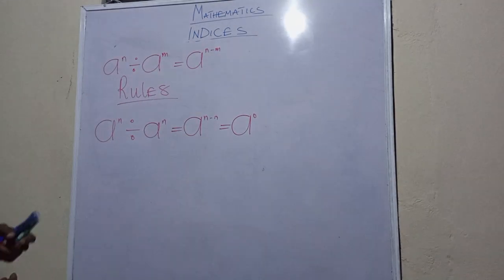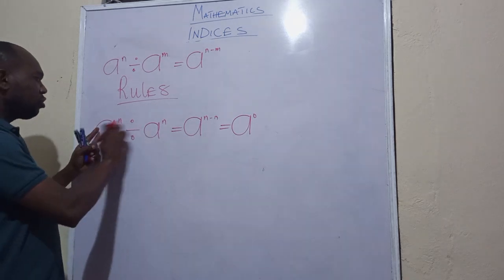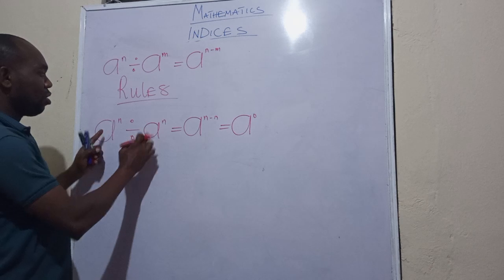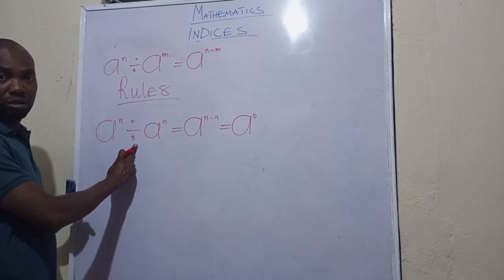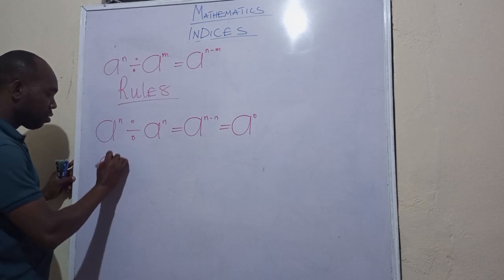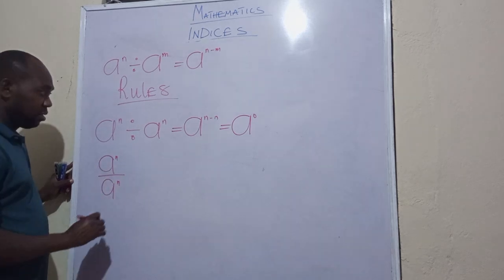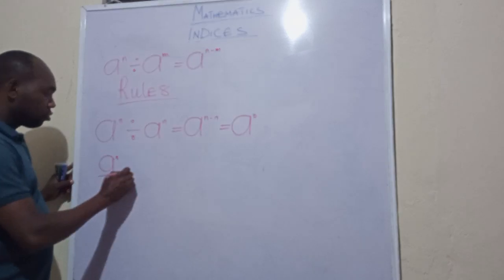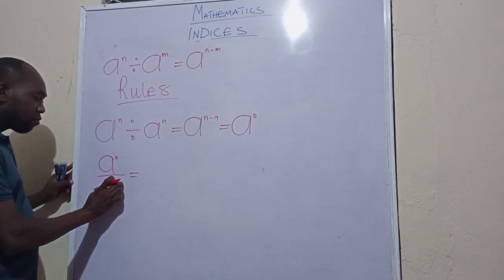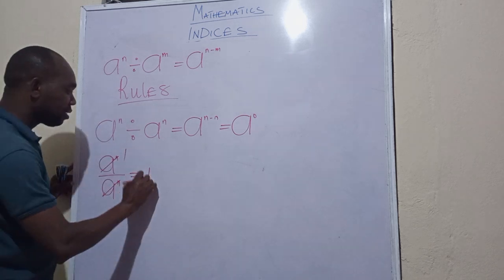But remember that these two values undergo division, which we can say as a raised to the power of n divides a raised to the power of n. That's what it means. And a raised to the power of n goes into a raised to the power of n how many times? 1.